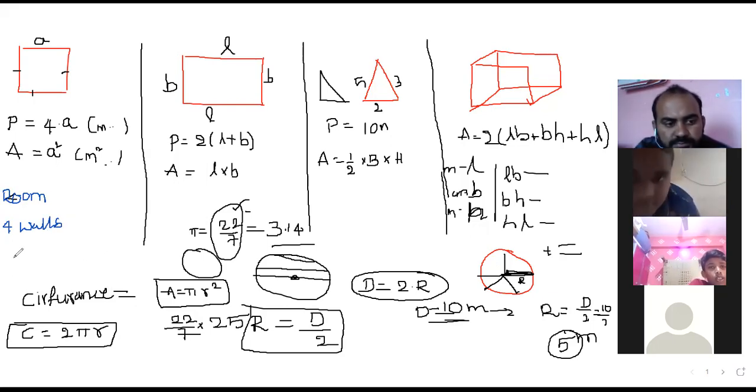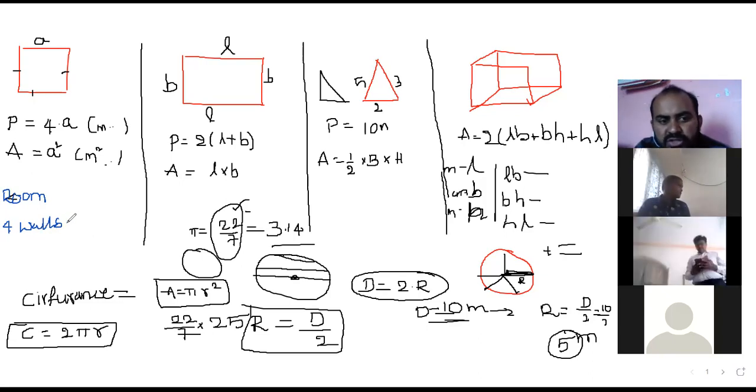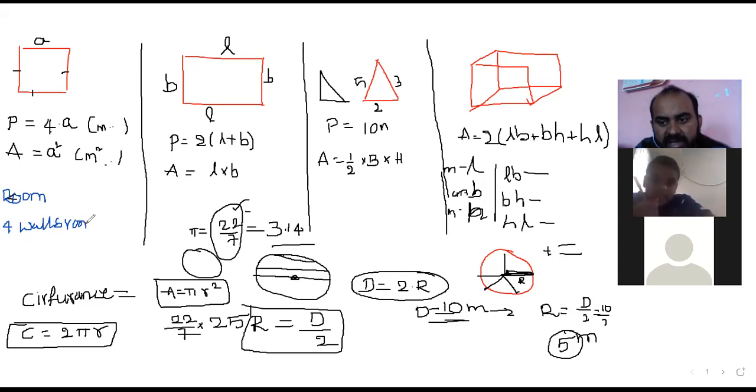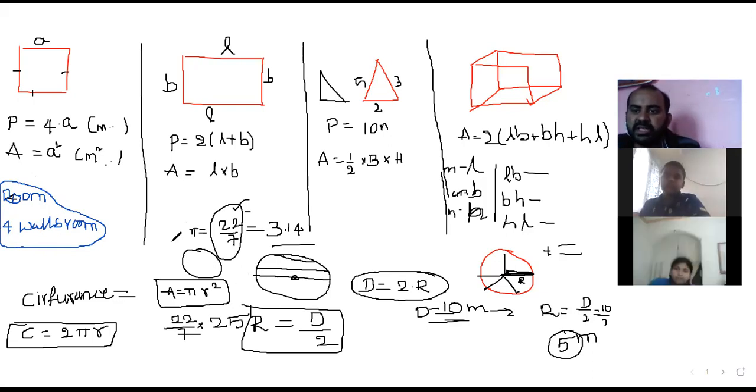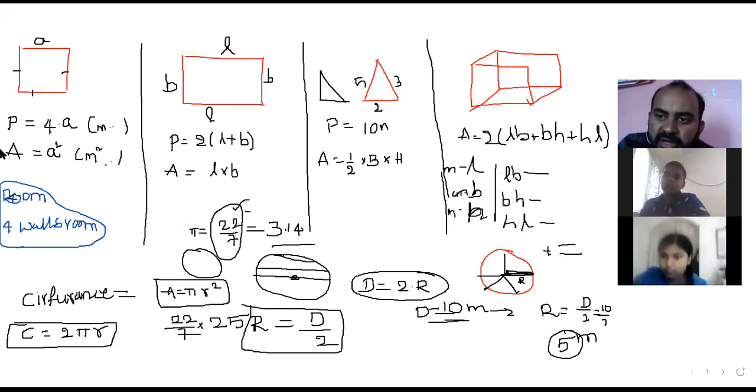Okay. 4 walls room. Either room, they will ask the area of the room or 4 walls room. This is the last formula. What is the formula? Can anybody tell? What is the formula for the 4 walls room area? Room formula.